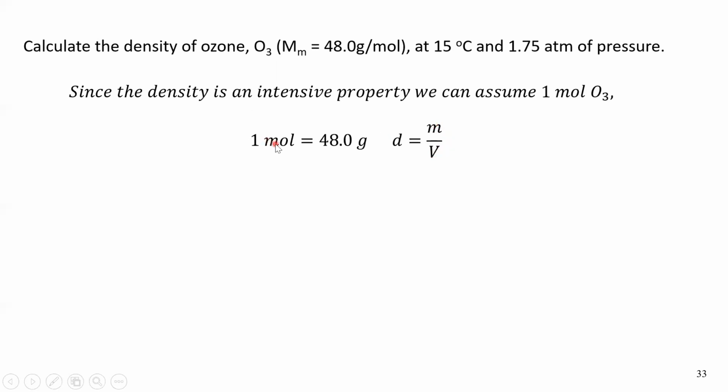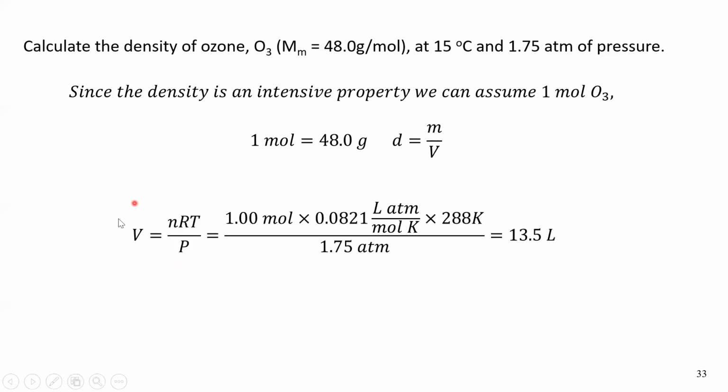Well, if we're looking at 1 mole, we know what the mass is, 48.0 grams. So we know this number here. If we have 1 mole of the gas and we know the temperature and the pressure, we can calculate the volume of that gas. And if we know the volume of that gas, we can plug it into our density equation and calculate our density.